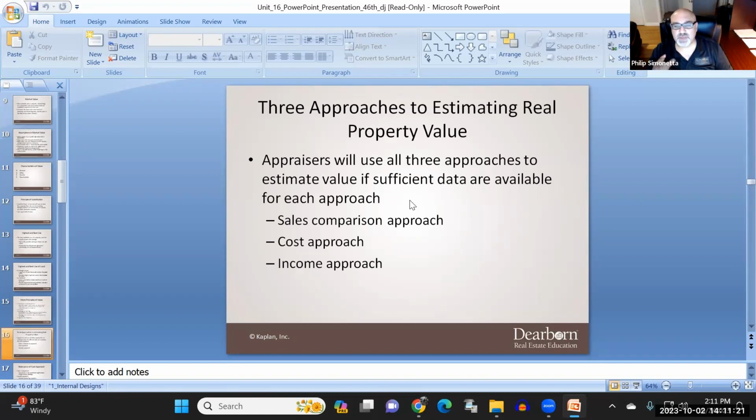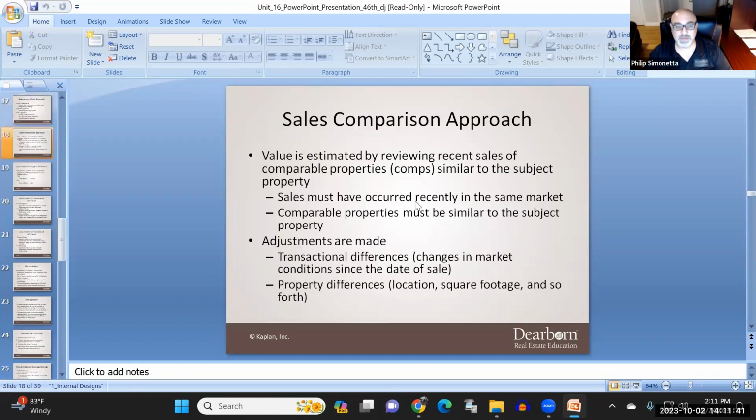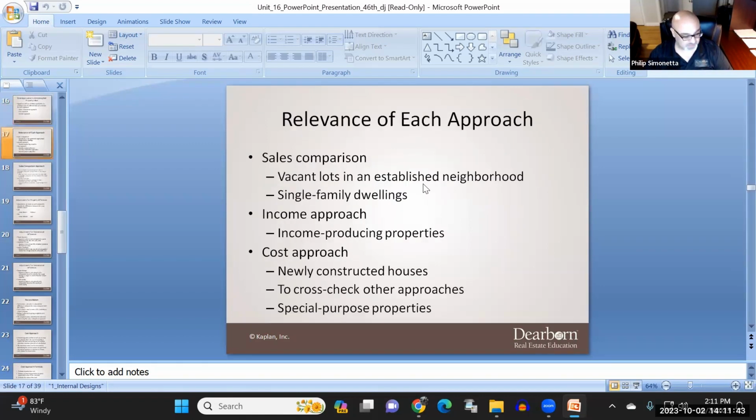So let's look at the three approaches to estimating real property value. When they do an appraisal, there's three approaches that they use to figure the value. The appraiser will use all three approaches to estimate a value if sufficient data is available for each approach: a sales comparison approach, a cost approach, and an income approach.